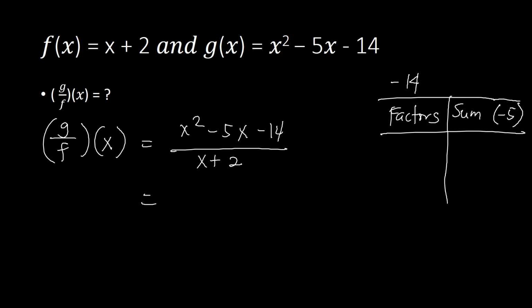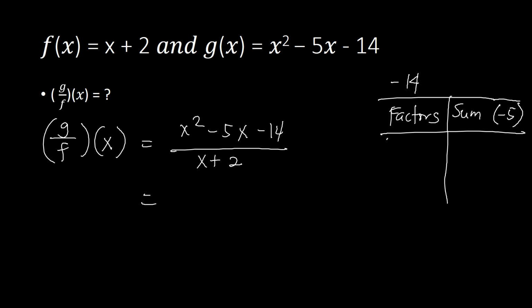So we start with, now looking at negative 5 and our constant, which is negative 14, we have to consider that that's negative, so your signs are not the same. So in choosing what will be the factors, you consider the sum. The sum there is negative. So only we can come up with a sum which is negative if the bigger factor is a negative. So we'll start with that concept.